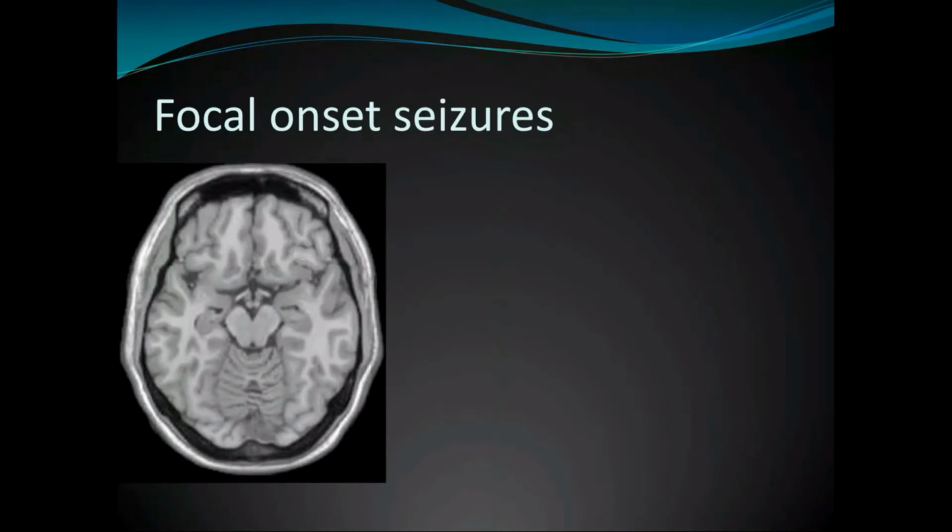So let's talk a little bit more about focal onset seizures. So again, the surge of brain activity is occurring in one focus in the brain, and that can spread to neighboring brain structures. The symptoms that you experience depend on where that focus is.